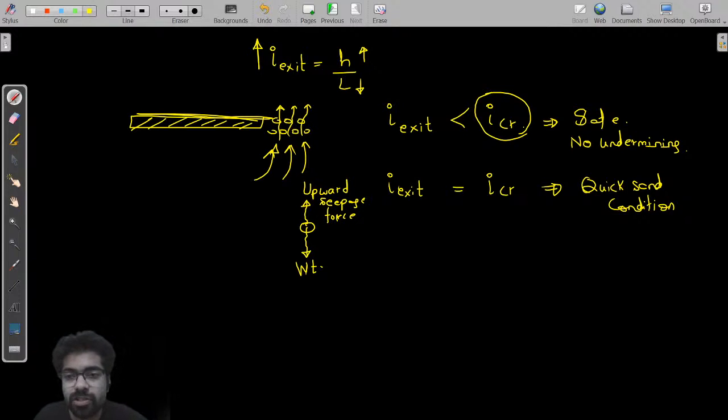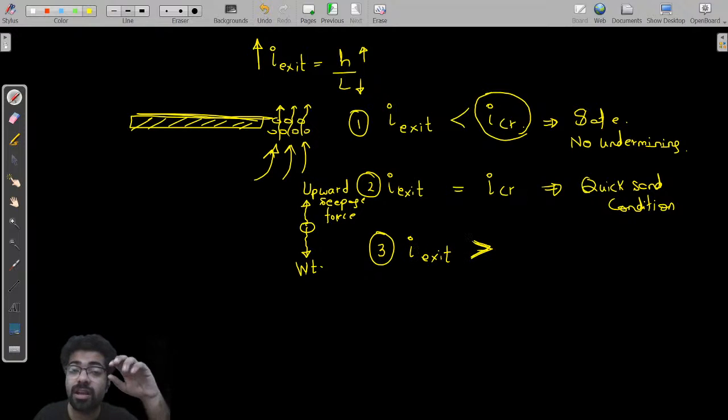If this upward seepage force is less, then the first condition is there. If this upward seepage force is equal to the net weight of the particle, then the second condition. And the third condition is extremely disastrous: the upward seepage force is greater, or the exit gradient is so much that we are not able to stop the soil, and soil comes out by jumping from this place and starts eroding.